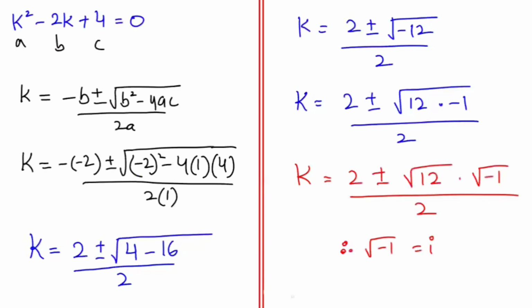So k is equal to 2 plus minus, and this 12 I'm going to write as 4 times 3, and here I'm going to write iota, over 2. So k is equal to 2 plus minus, and the root of 4 we have 2, root 3 iota over 2.